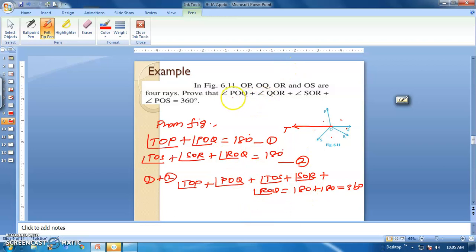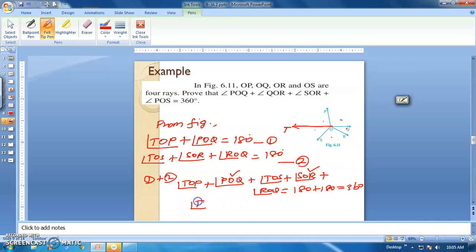Next, what we are going to prove is POQ, QOR, SOR and POS. POQ is here, but QOR is not there. SOR is here, but POS is not here. Instead of that, the remaining one is TOP.